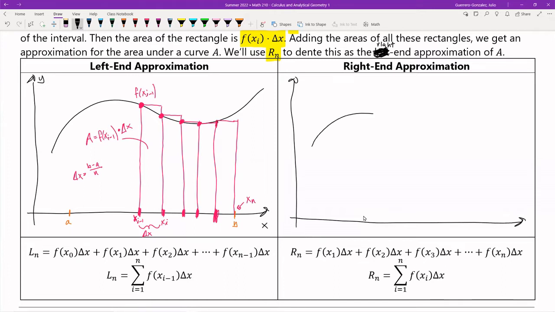I started it around here and I went like this. There we go. Okay. So again, I'm going to start off from a to b. So here's a and here's b.